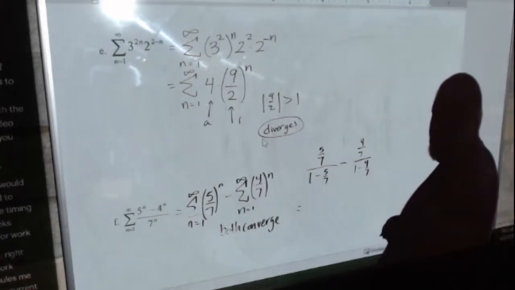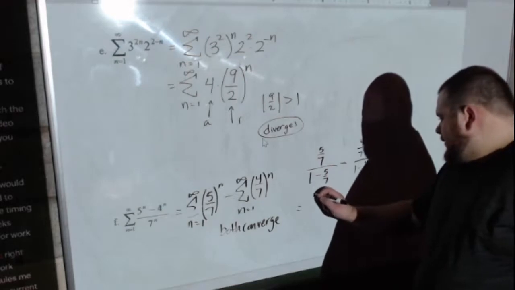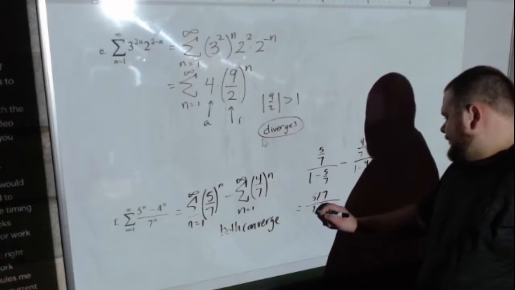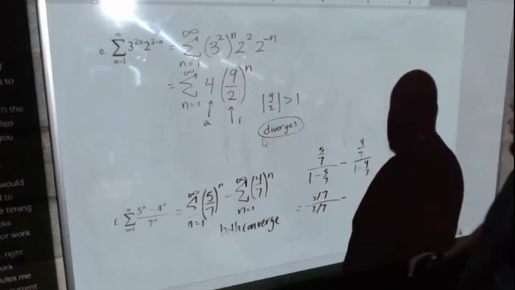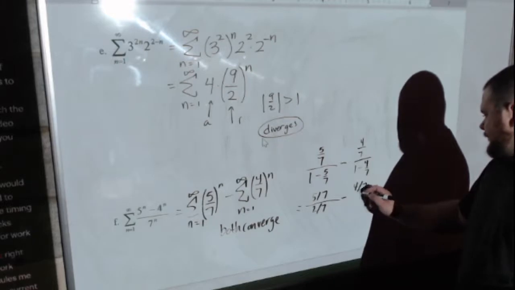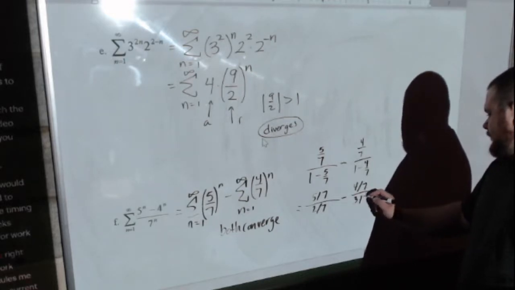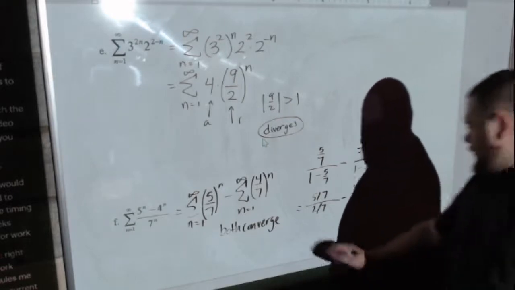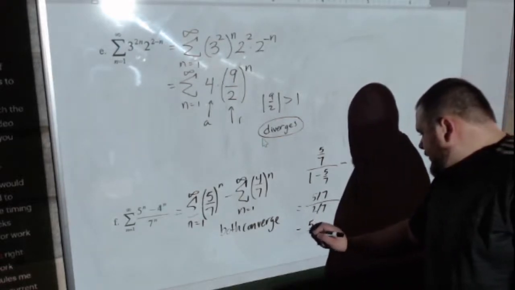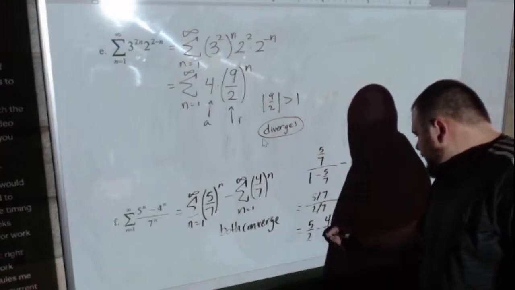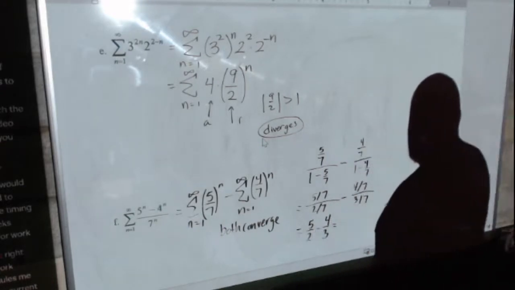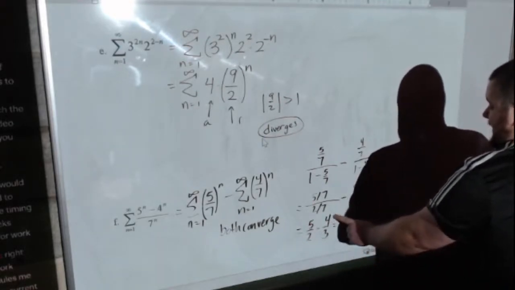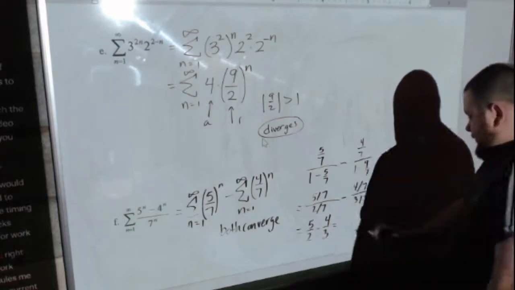So that's going to be, so it's like 5/2 minus 4/3. So that's going to be 15 minus 8 all over 6.